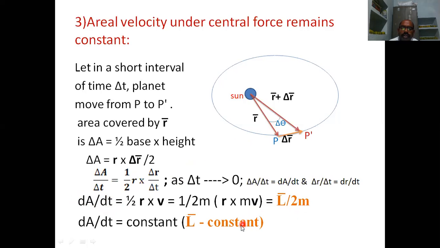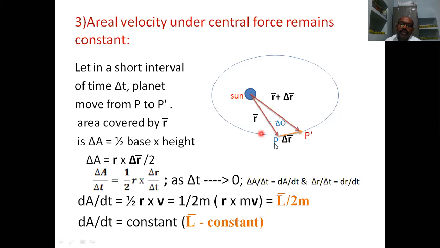Since L bar is constant and the mass of the planet is also constant, dA by dt is equal to constant. That means the radius vector sweeps out equal areas in equal intervals of time.